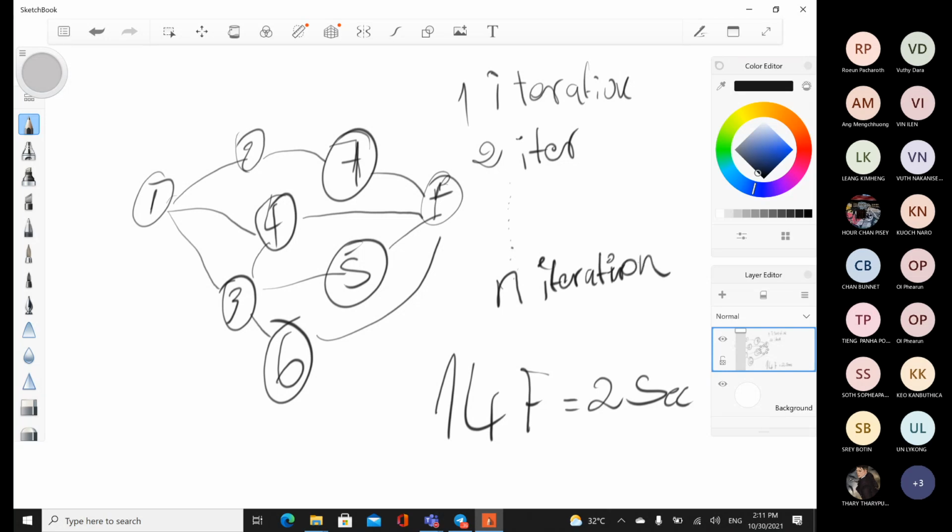So after n iterations, it will conduct only one specific path with the maximum number of ants. If you ask whether they still follow other paths, some still do, but they will try to focus on one pattern to find the optimal solution, or the optimal path that they should follow.